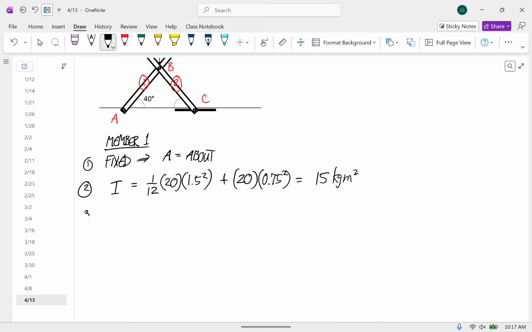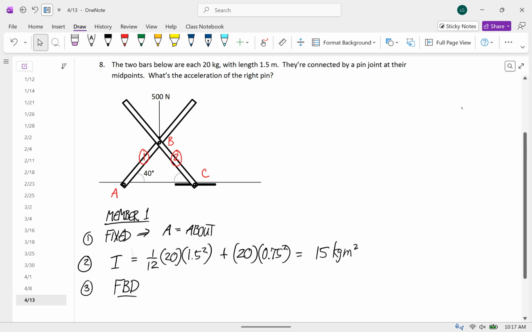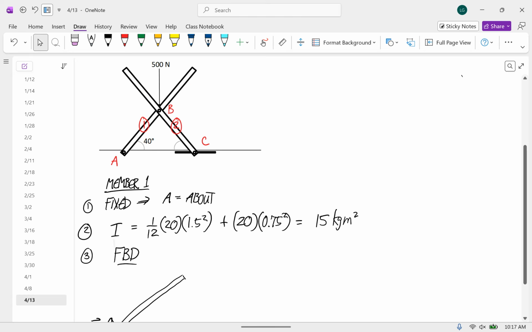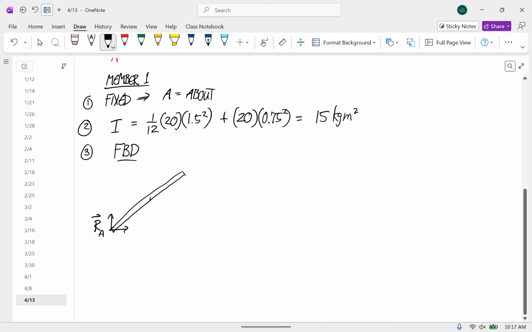And then the free body diagram. We have a reaction force, I'll call it RA at the pin. At the midpoint of the beam, we have a weight of 20 times 9.81.